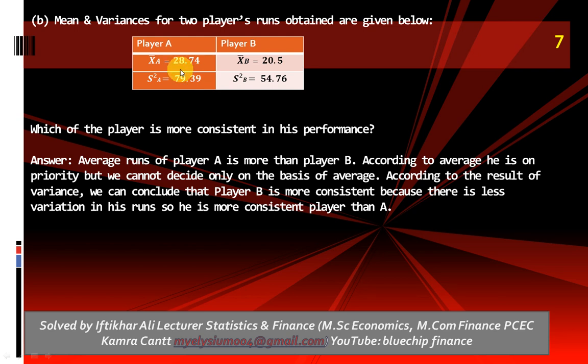Why is this variance so high? Because there is a lot of variation in his scores, and the variance is low for player B. It means that he is a more consistent player than player A. So we should choose player B.